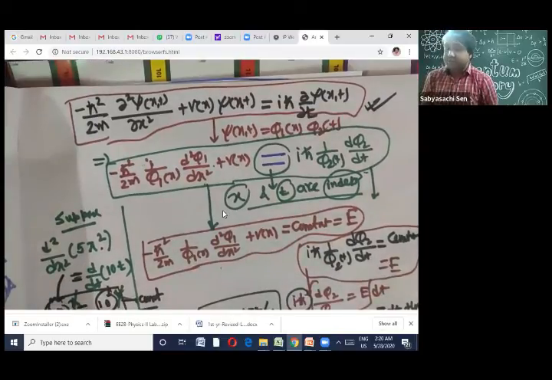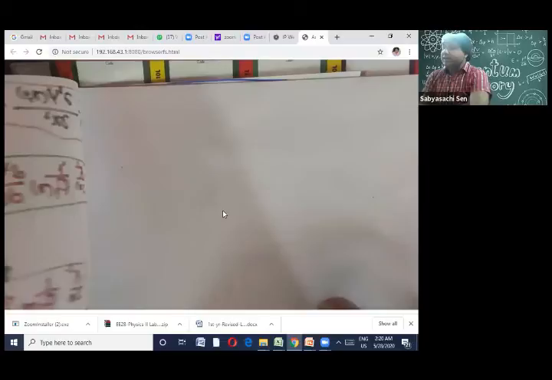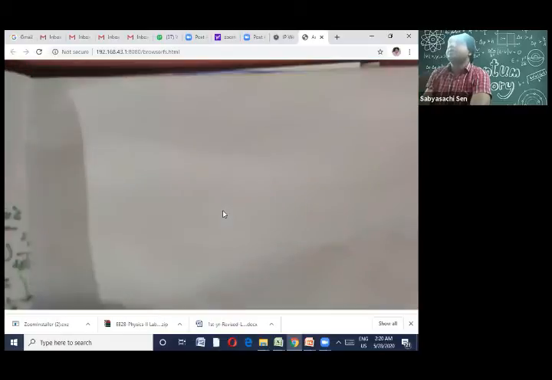Now let us put some more focus on the space part, the x-dependent part of the Schrodinger equation. This is the x-dependent part of the Schrodinger equation.